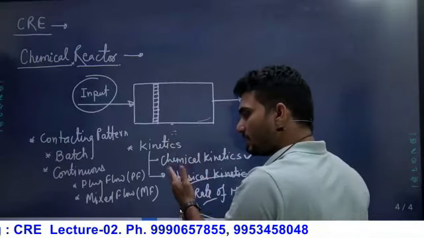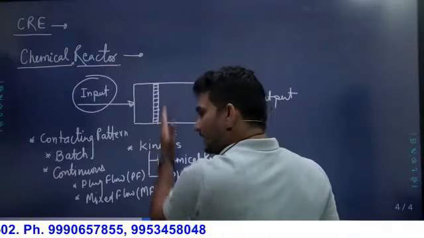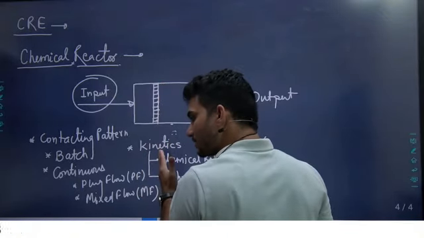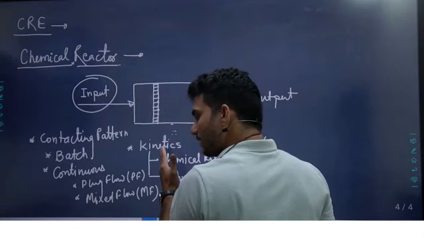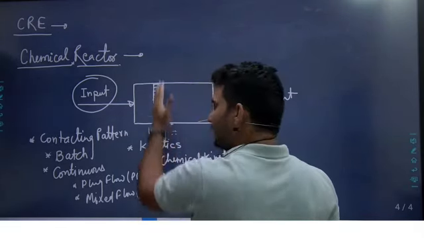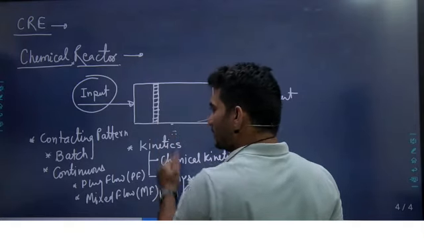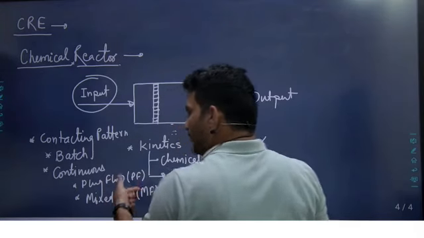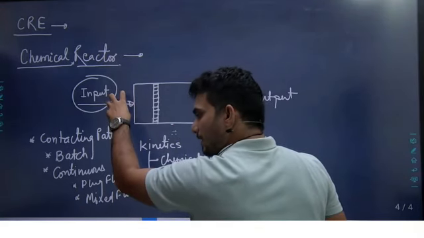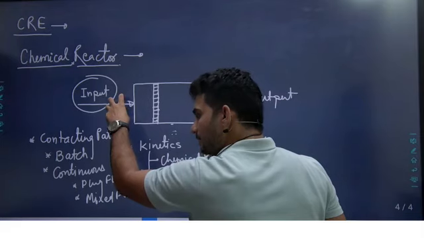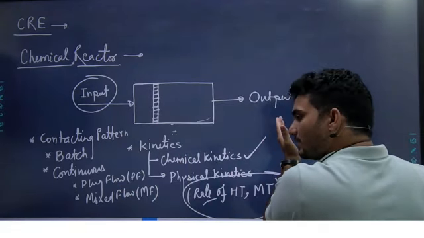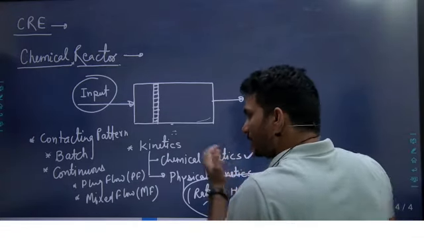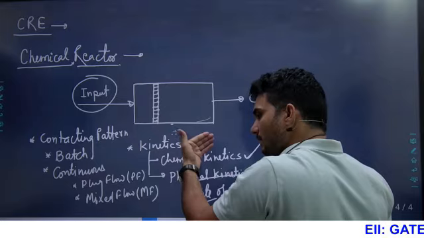In the radial direction there is infinite mixing. Are you getting it or not? In the radial direction there is infinite mixing. So in case of plug flow, in the beginning the concentration of the reactant is high. Along the length of the reactor, the concentration of the reactant will decrease, because it converts into the product.